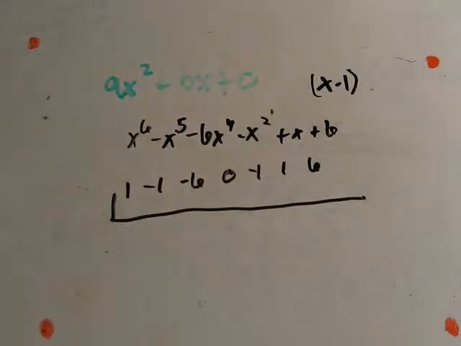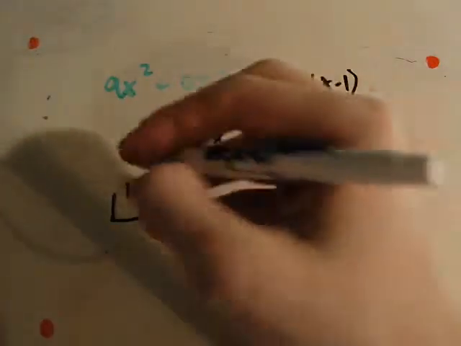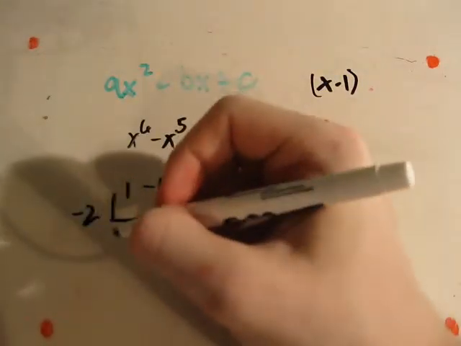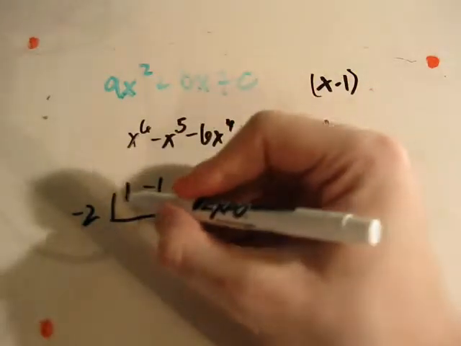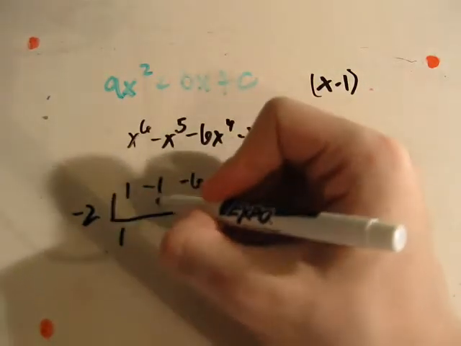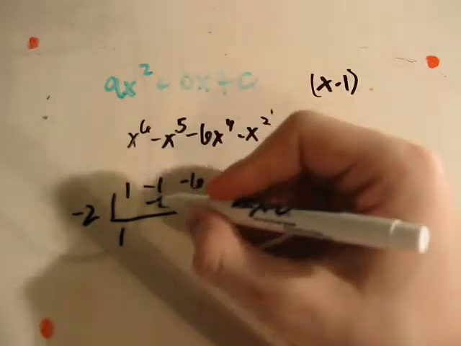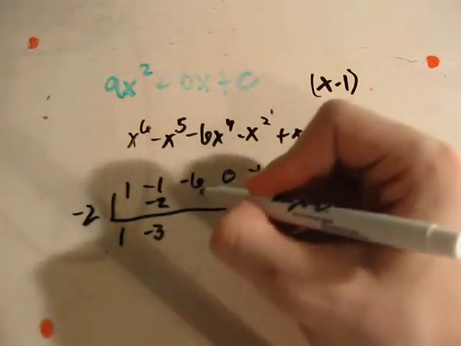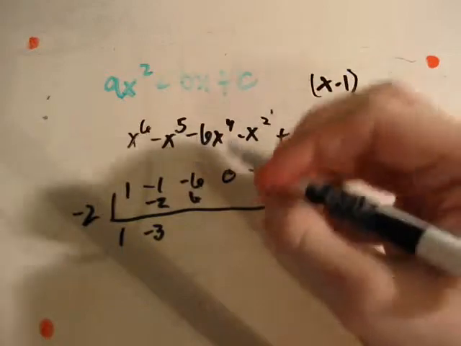So let's try another one. What about -2? Let's see if that works. Well, we bring down the first one and multiply them together. Then we take that, multiply these two together, get 6.